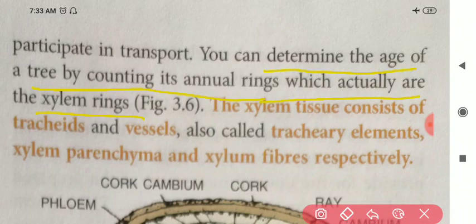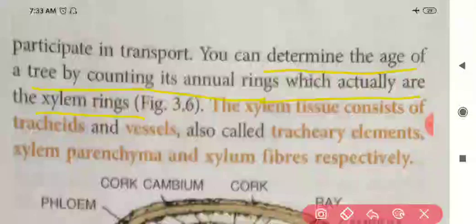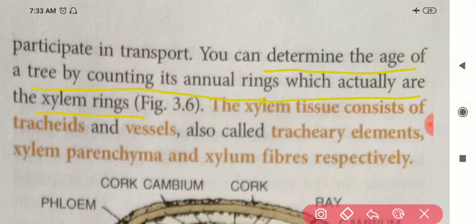By counting the xylem rings, we can determine the age of a tree. Clear? Xylem rings are the annual rings.